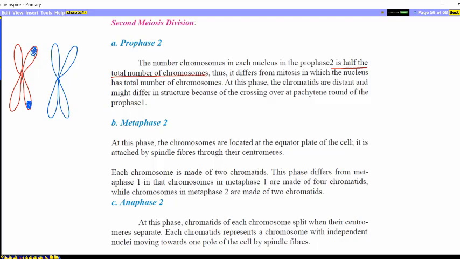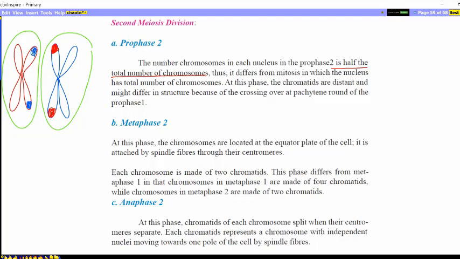Now, these two chromosomes are in different cells after cytokinesis, but they are no more sisters because of what? Because of the crossing over which happened in prophase 1 of meiosis. At this phase, the chromatids are distant and may differ in structure because of crossing over.